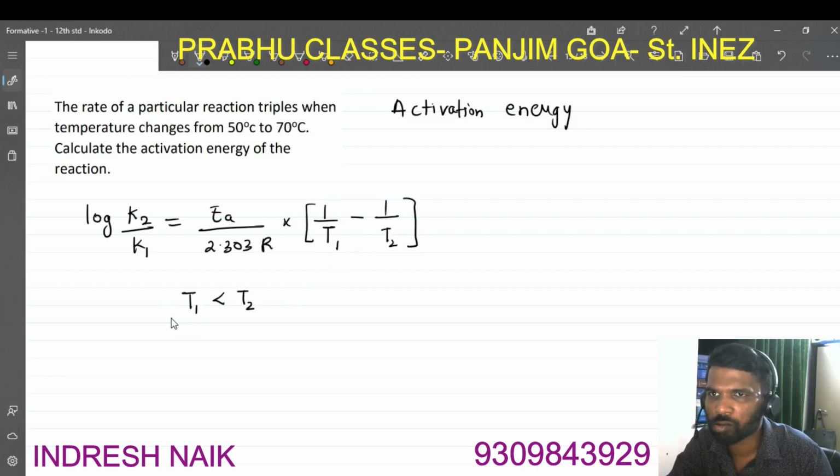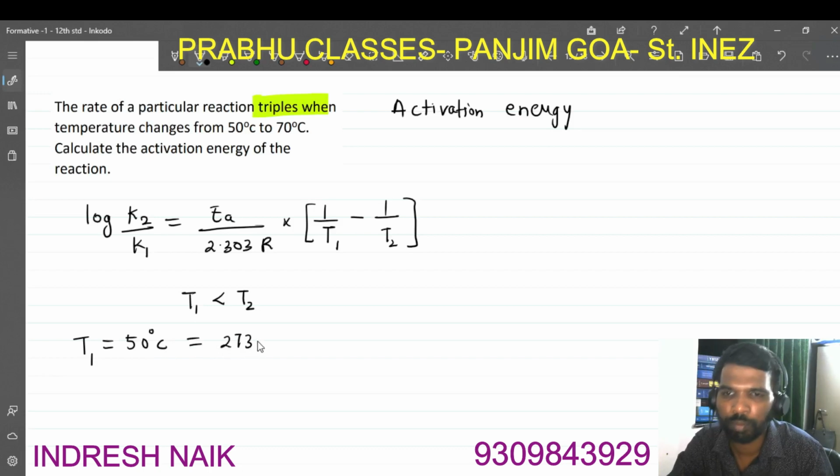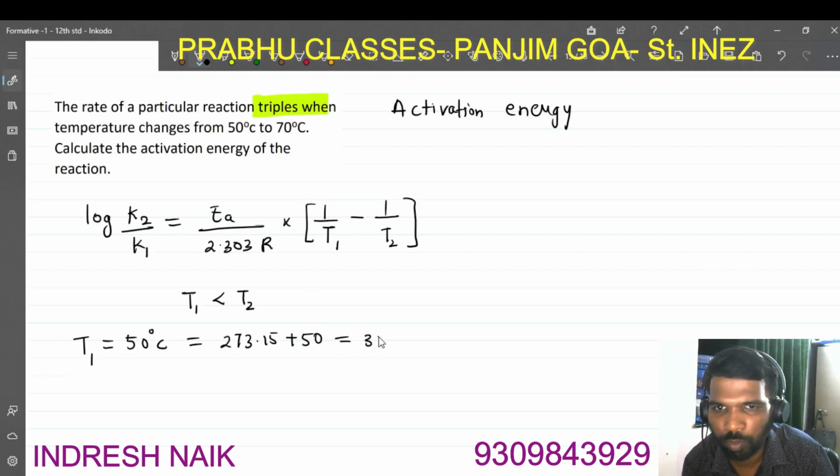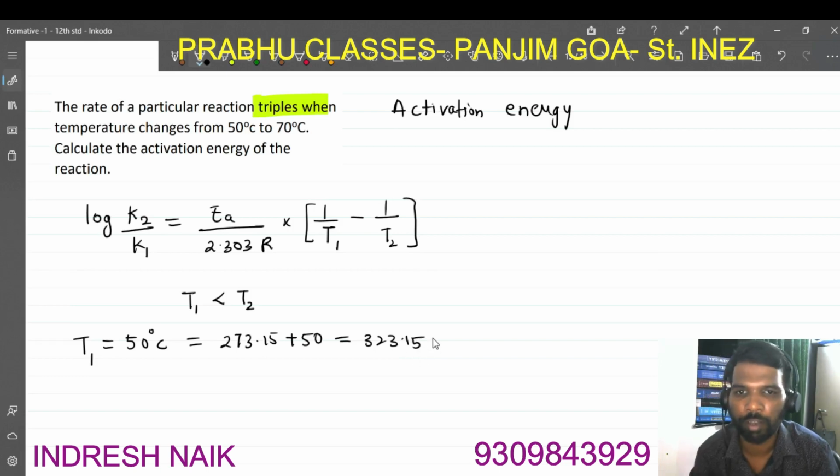So we need to find the EA. What they have said is that the rate of a particular reaction triples when temperature changes from this. So we have different T1 and T2. We have to compulsorily change degrees Celsius to Kelvin. T1 is 50 degrees Celsius, which is 273.15 plus 50, so this will be 323.15 Kelvin.